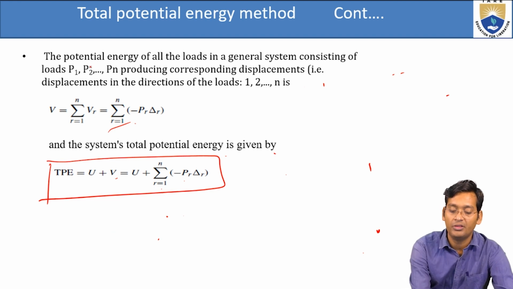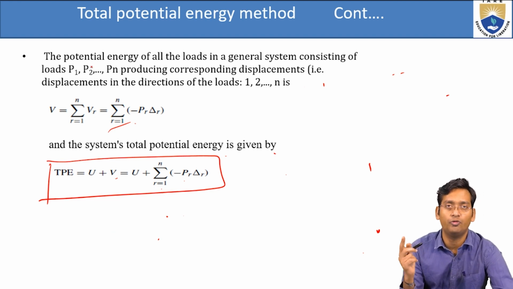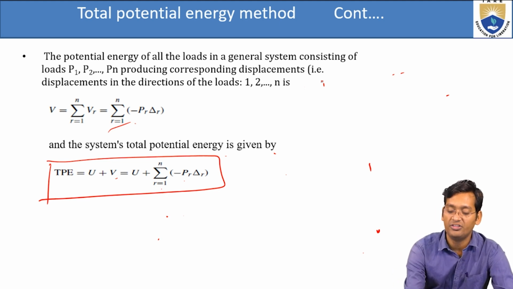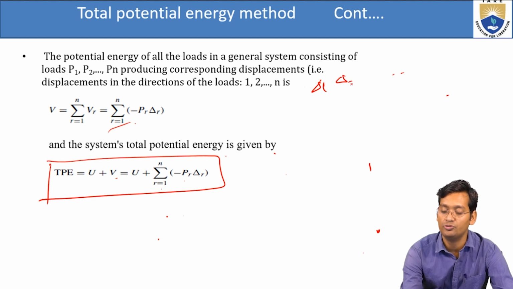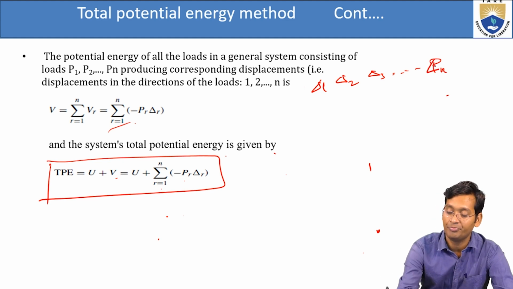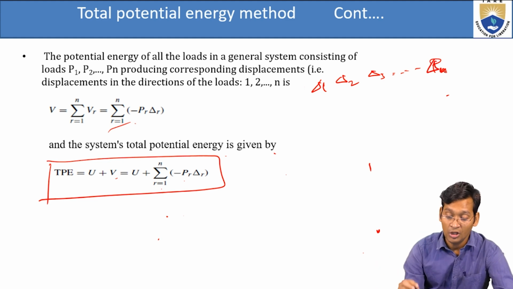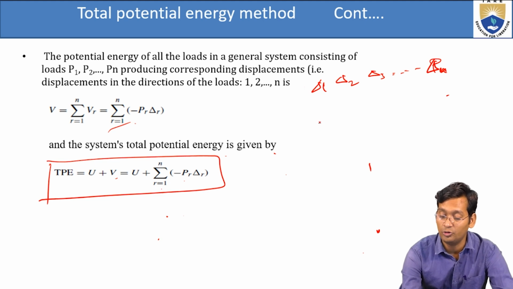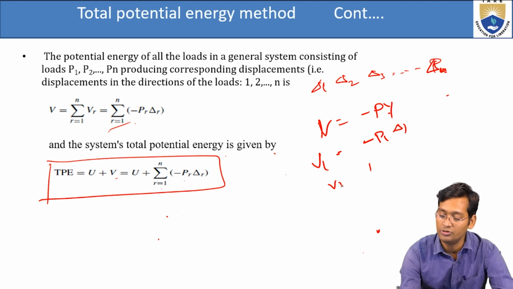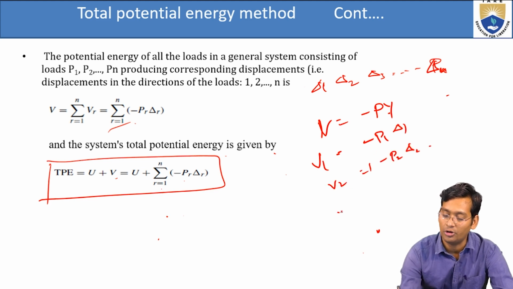Just see here: n number of loads P1, P2, P3 and so on act at points 1, 2, 3, and because of P1 the deflection is delta 1, because of P2 delta 2, because of P3 delta 3, and so on, up to Pn with delta n. We know the potential energy V is minus P y, where y is the displacement, here delta 1. So V1 equals minus P1 delta 1, V2 equals minus P2 delta 2, and so on, Vn equals minus Pn delta n.